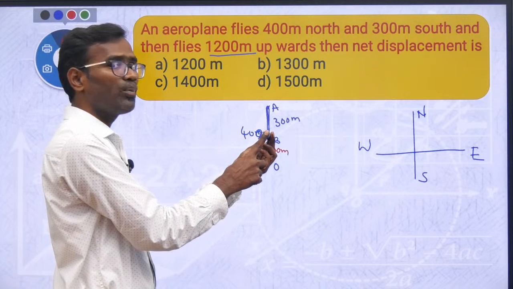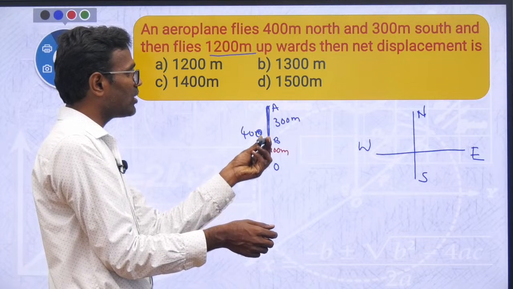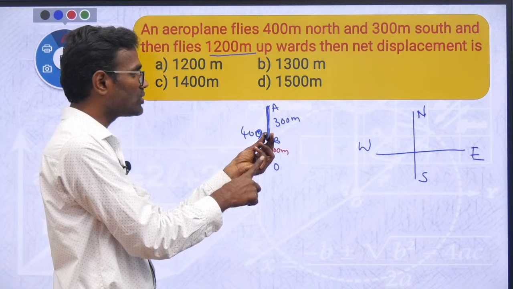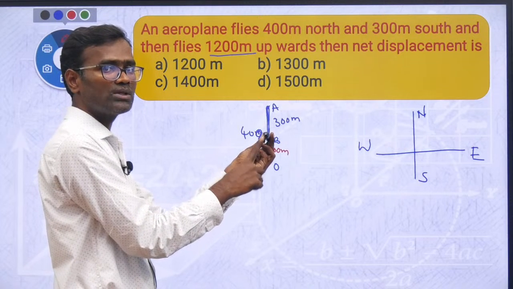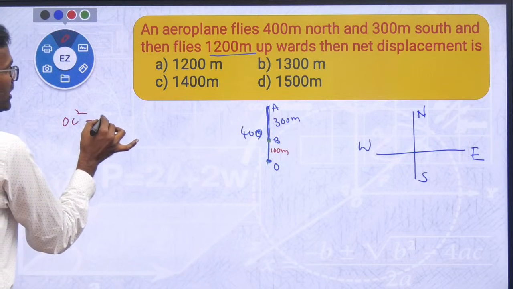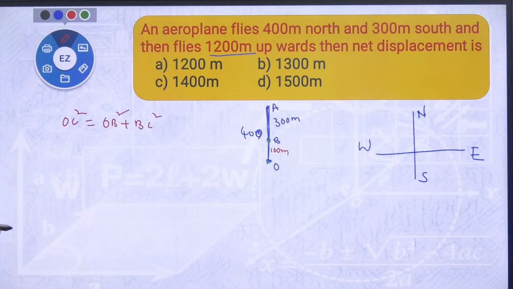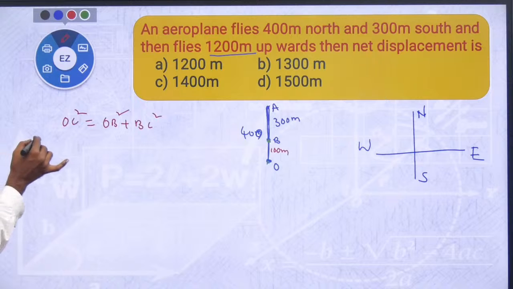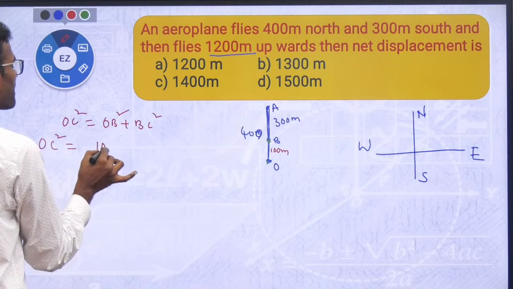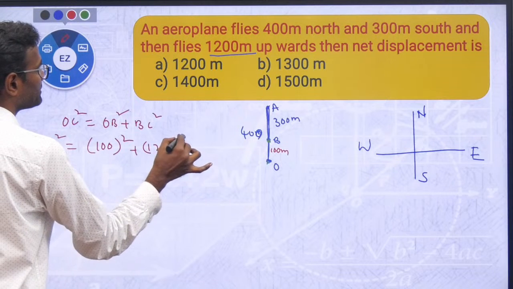So this is the final point and this O is the initial point. Let me write C as the final point. OC is the displacement. OC square is equal to OB square plus BC square, which is 100 whole square plus 1200 whole square.